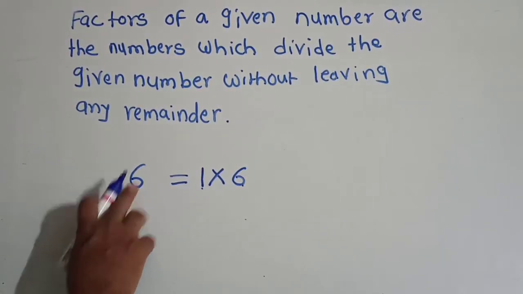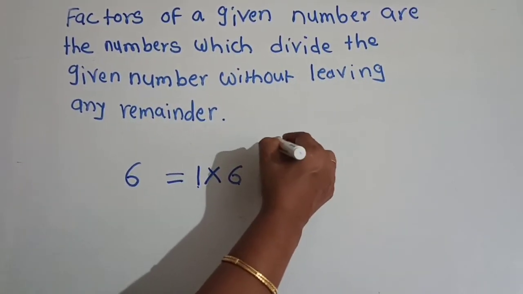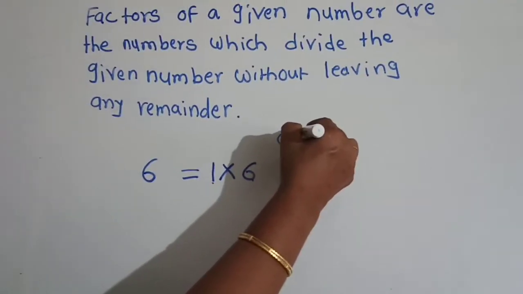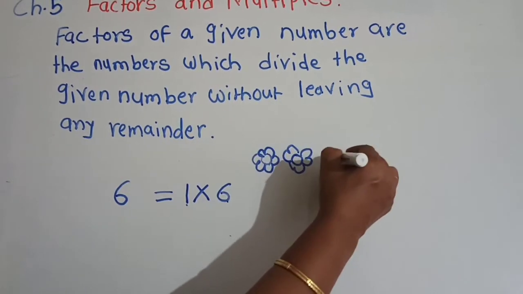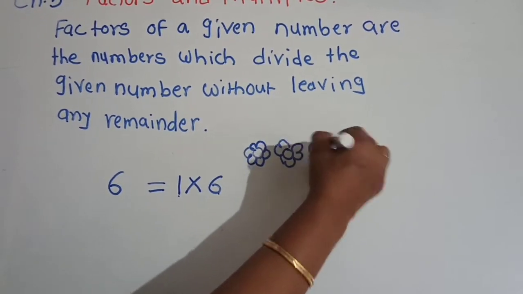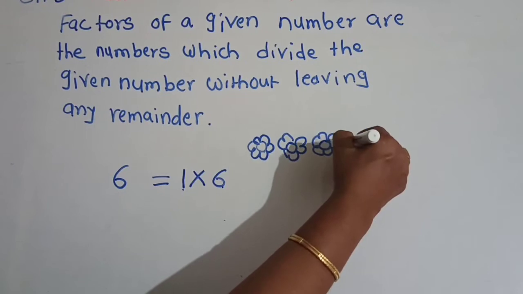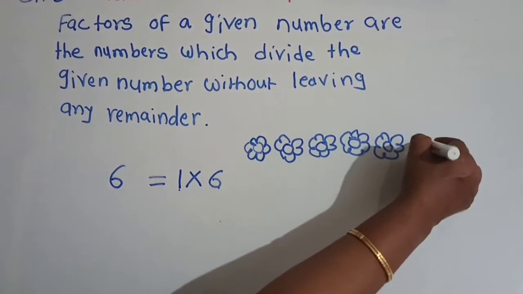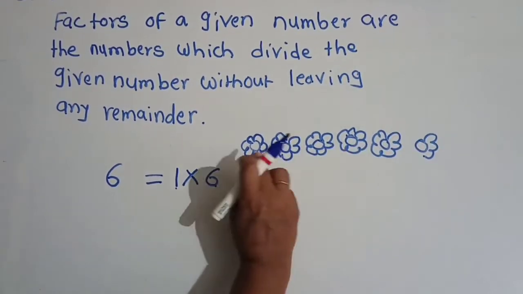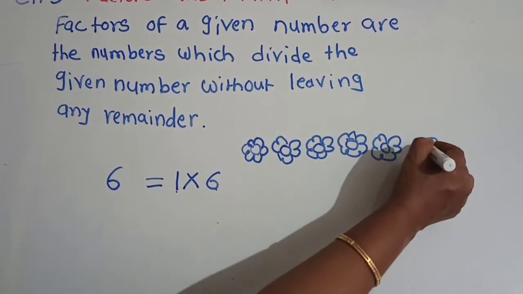Okay, next. Here 6 means if we take 6 flowers, 1 2 3 4 5 6.